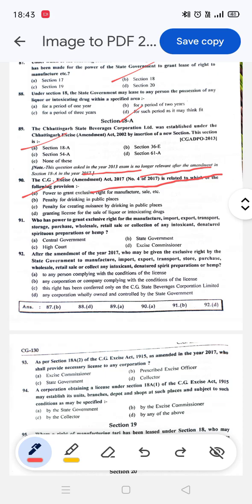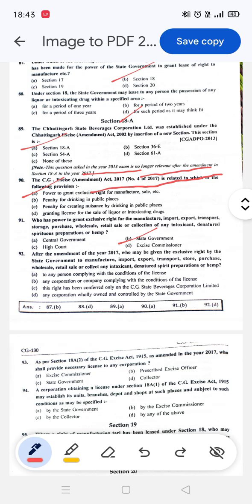Question number 91. Who has power to grant exclusive right for the manufacture, import, export, transport, storage, purchase, wholesale, retail sale or collection of any intoxicant, denatured spirituous preparation or hemp? So here power is given to the state government. Option B is correct. Question number 92.